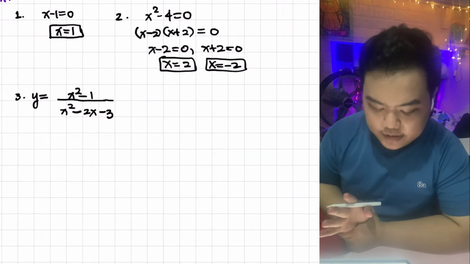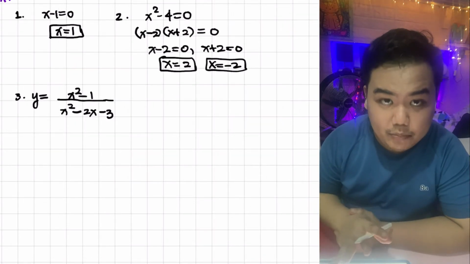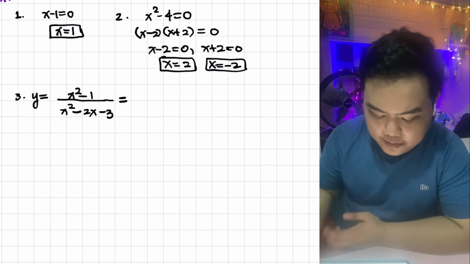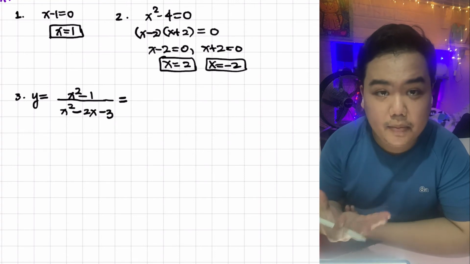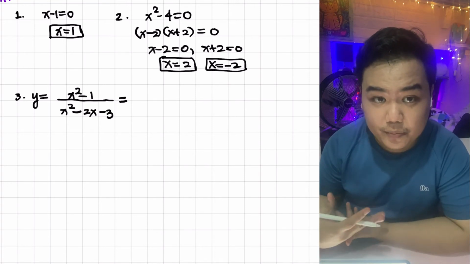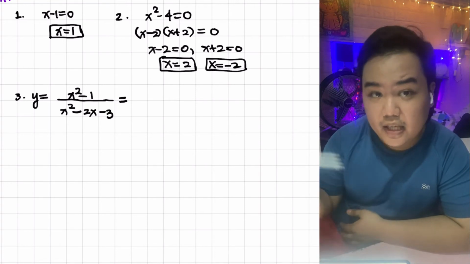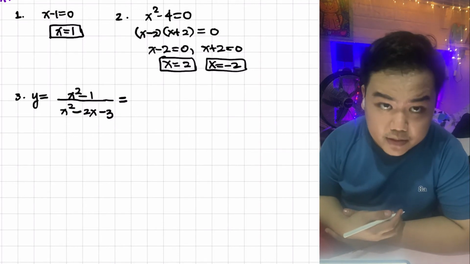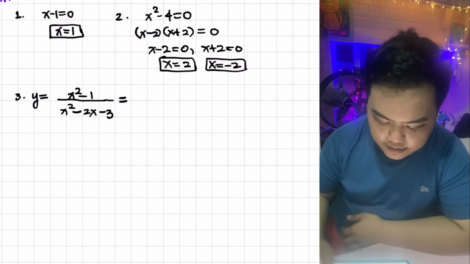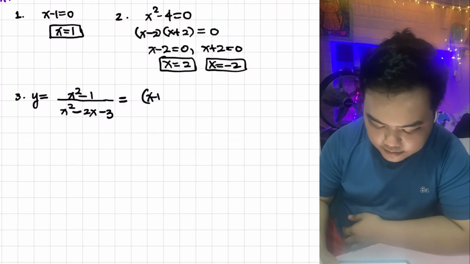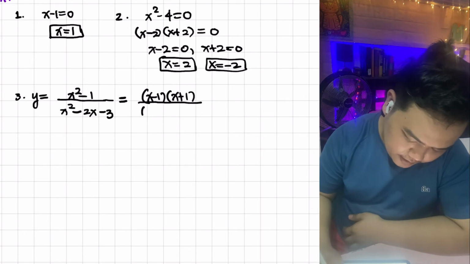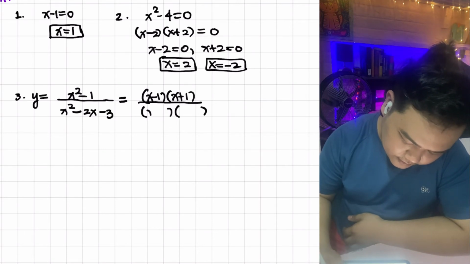Let's try number 3. Again, you do the first step, which is an important step. Tignan nyo kung may magka-cancel in the numerator or denominator. Of course, you have to factor the numerator and denominator to determine if they have common factors. The numerator is a difference of two squares. You can factor that as x minus 1, x plus 1. And the denominator, I think, x minus 3, x plus 1.